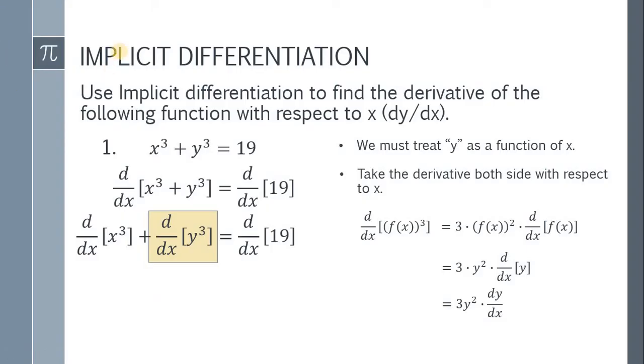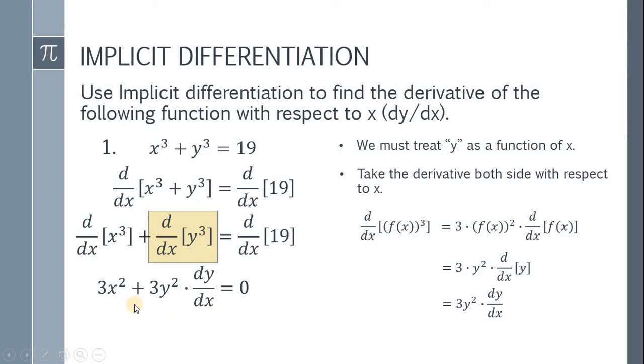Since alam na natin yung derivative ng y cubed with respect to x, so yung next line natin must be 3x squared, ito ay derivative ng x cubed with respect to x, plus yung derivative ng y cubed with respect to x is 3y squared times dy over dx. And then equal to 0. Yung goal natin ay mahanap yung dy over dx.